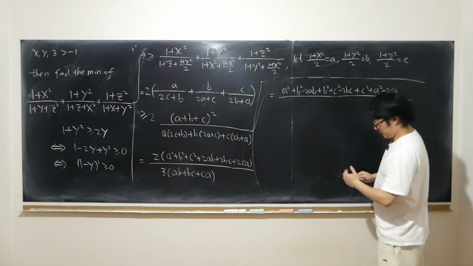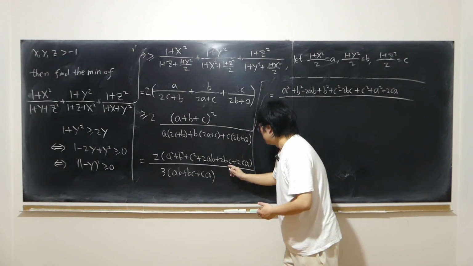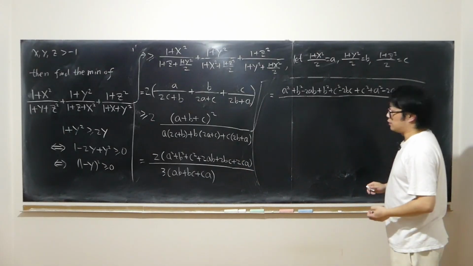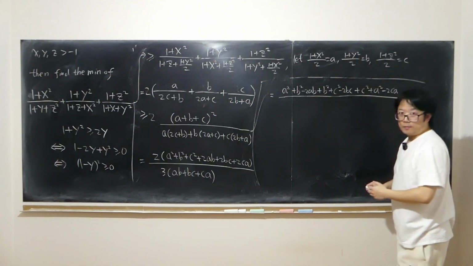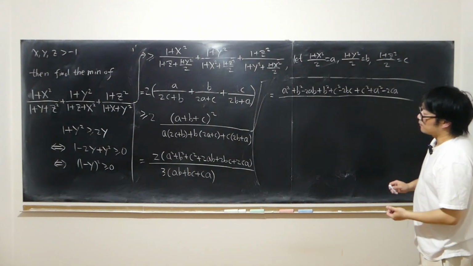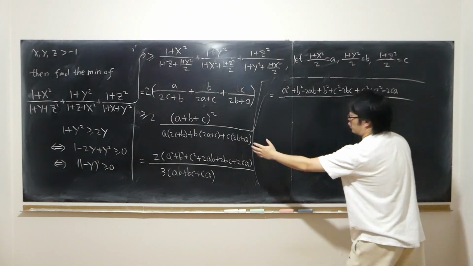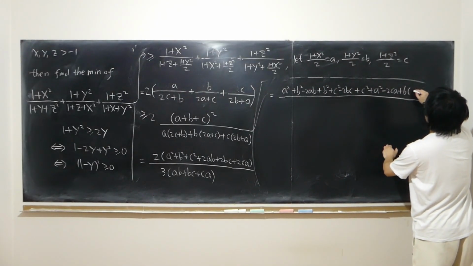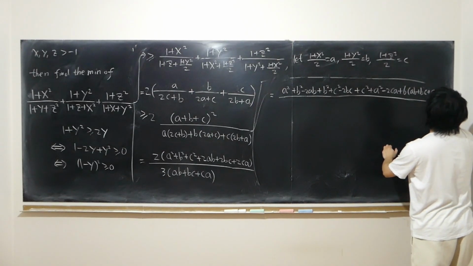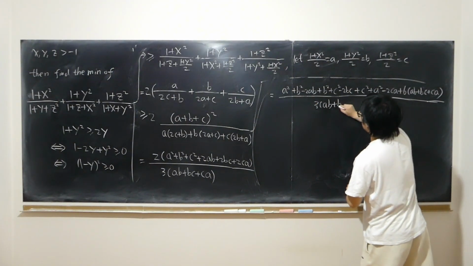After that, remember, here we have 2 times 2ab, 2bc, 2ca. We got 4 times each. But here I have negative of each. So I must say plus 6, then 6 minus 2 equals 4. So I must say 6 times (ab plus bc plus ca). So down here, 3 times (ab plus bc plus ca).